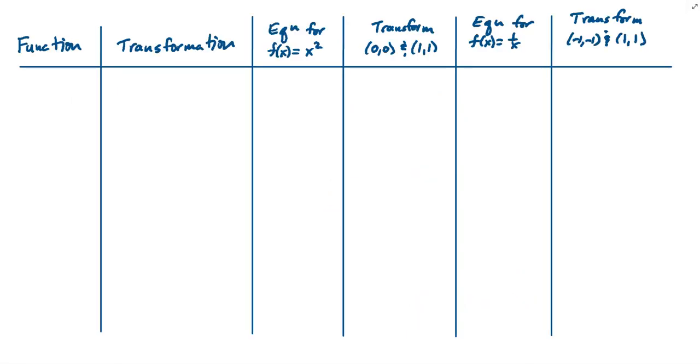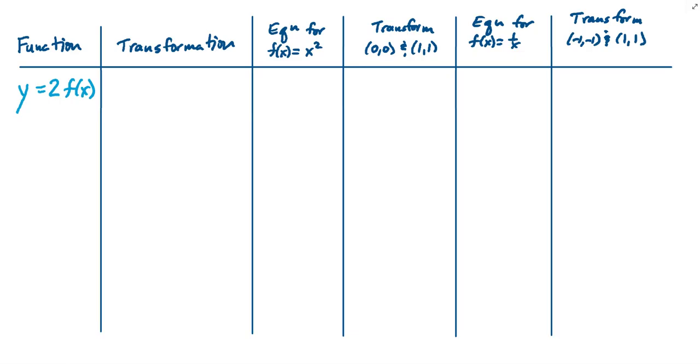So what I'd like to do now is go through and look at some transformations and see what they look like in function notation and not in function notation, for a parabola, for a parent curve f of x equals x squared, and also for the reciprocal function f of x equals 1 over x. So let's start with y equals 2 f of x. What transformation does this give us?